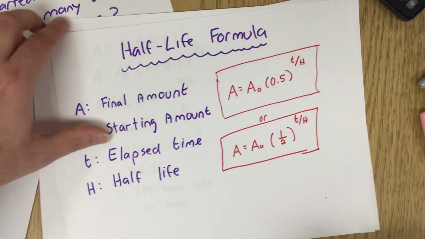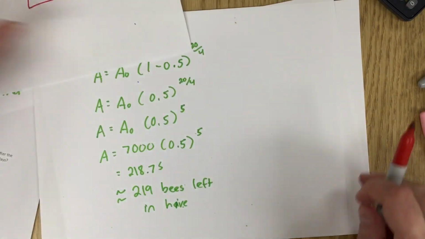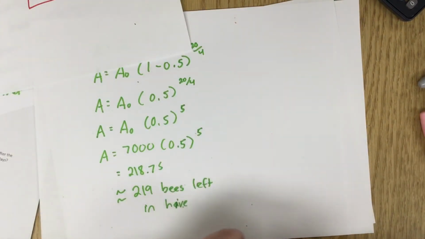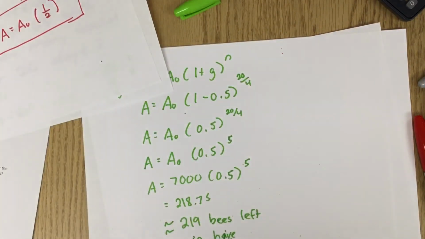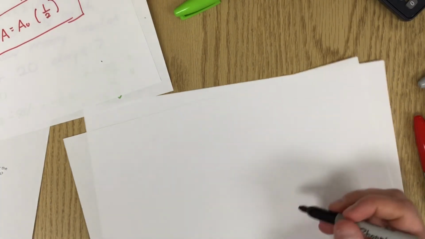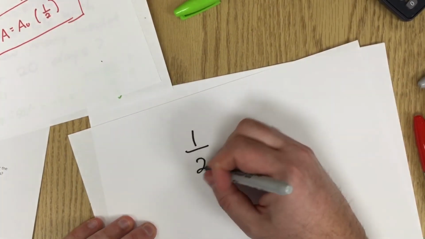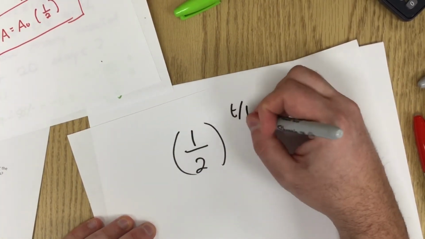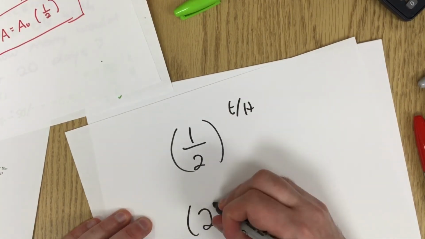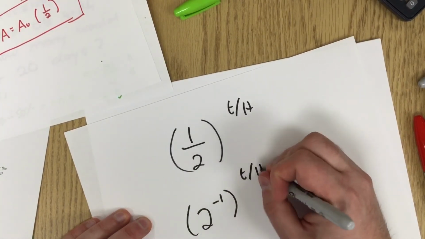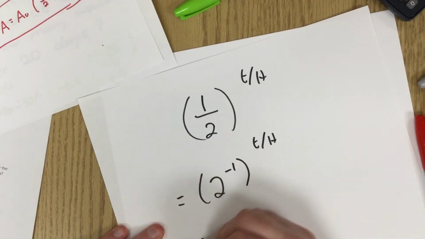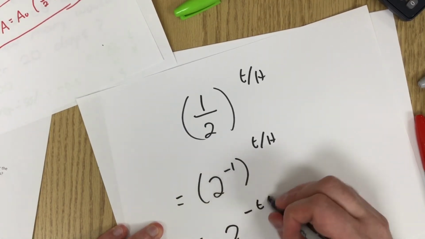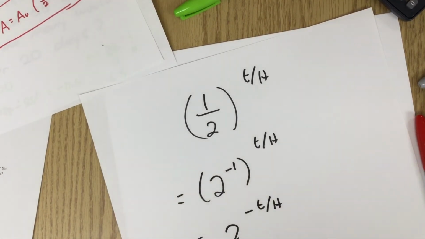A third version would be by noticing that 1/2 to the t over h is like 2 to the negative 1 to the t over h, which is equal to 2 to the minus t over h.